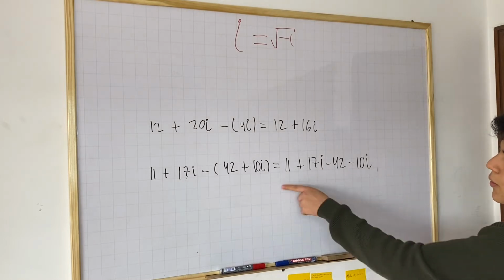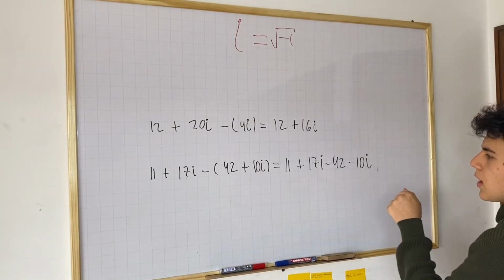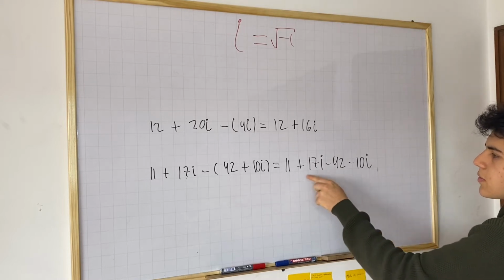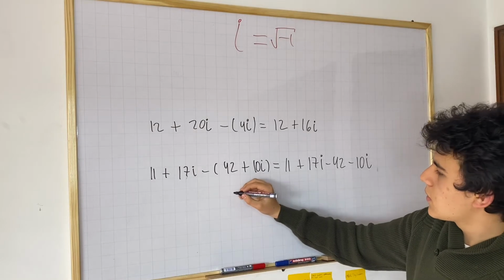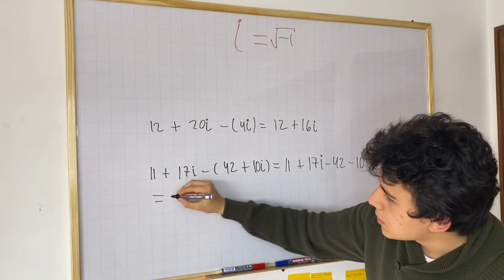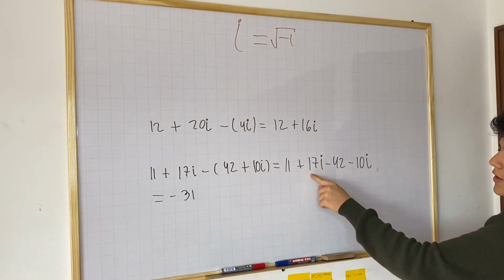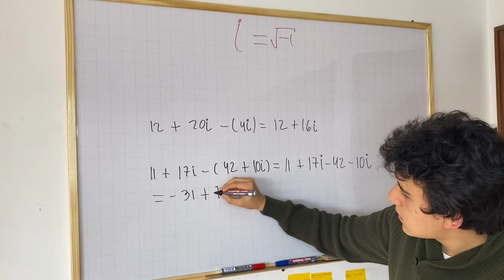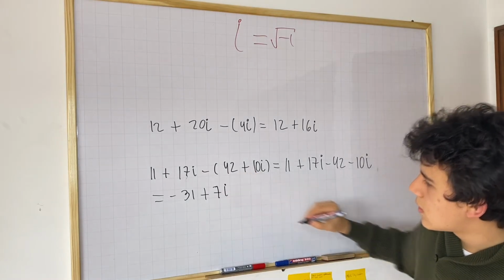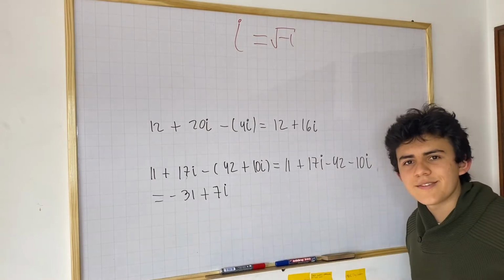Cool. Now we just simply operate between these. In this case, the real part would give us minus 31. And now 17i minus 10i gives us 7i. And we have nothing else. So this is our answer.